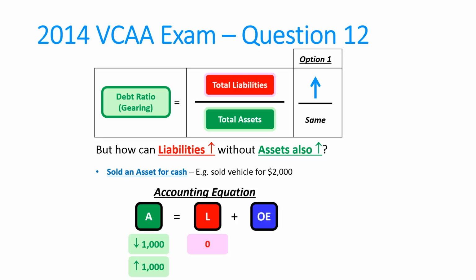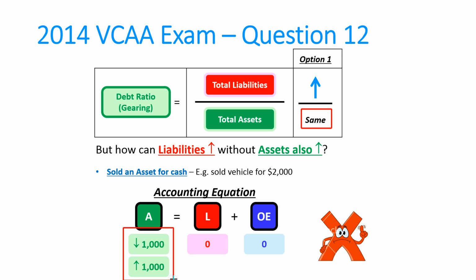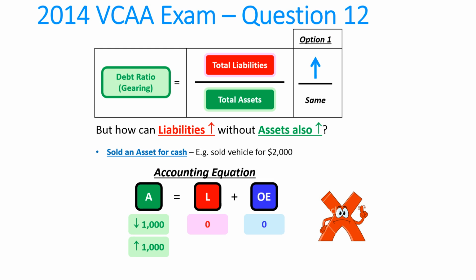Liabilities would stay the same, as would owner's equity. Yes, assets are the same, so that seems to meet my definition. We've said assets will go up and down by the same amount. The problem here is I need liabilities to go up. The debt ratio got worse, but assets stayed the same. So I need this number to increase, and it hasn't. So it can't be that either.